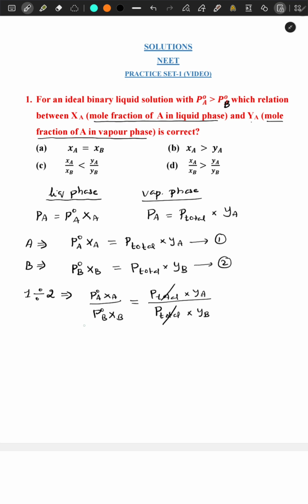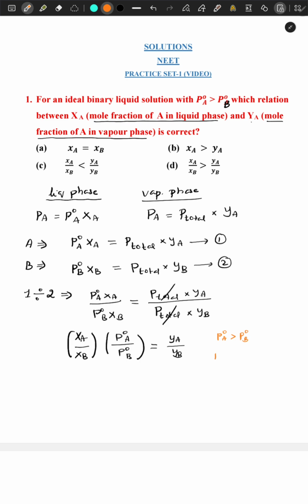Finally you will be left with chi A divided by chi B into P0A divided by P0B, that is equal to Ya by YB. But you read that question, they have given P0A greater than P0B.